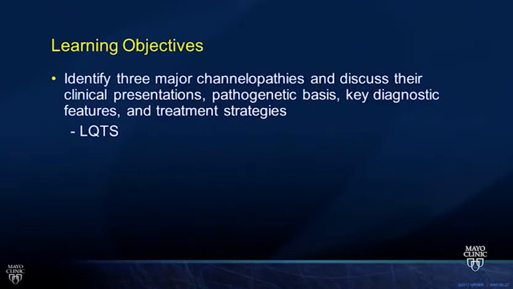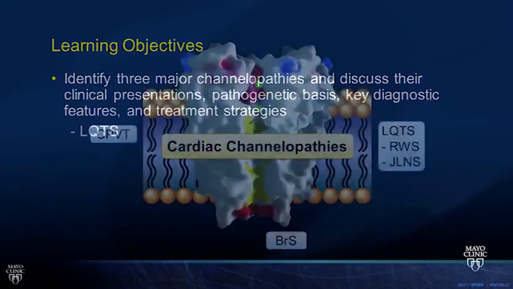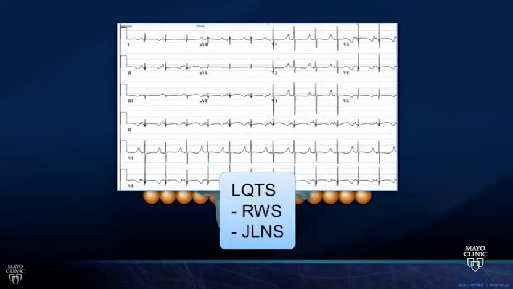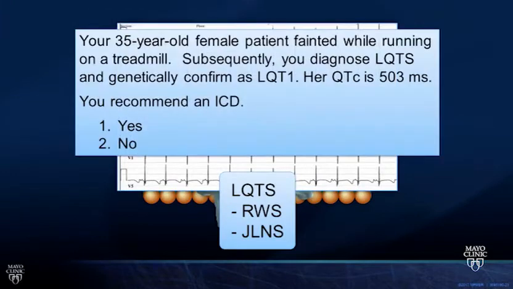Now let's finish our time because there are more questions on the boards about long QT syndrome than any of the channelopathies. So let's apply these learning objectives to long QT syndrome. And you're going to help me with her, this patient who has this ECG. She's 35. She fainted while running on the treadmill in your stress test laboratory, and you subsequently diagnosed her as having long QT syndrome.